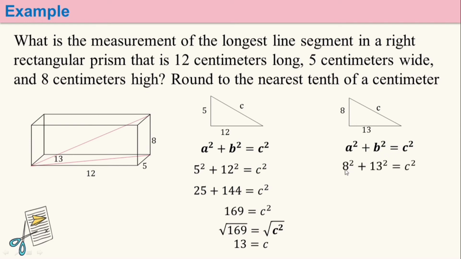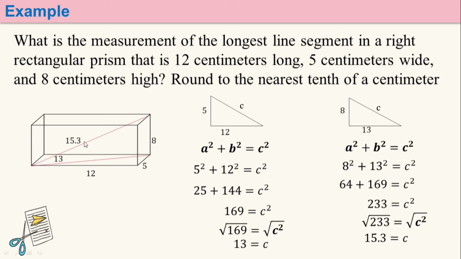So we have 8 squared plus 13 squared equals c squared. 8 times 8 is 64. 13 times 13 is 169. Now I'm going to add these two together, so that equals 233. And then I'm going to square root both sides, so again round correctly to the tenths place, 15.3. So that means 15.3 would be my final longest side.